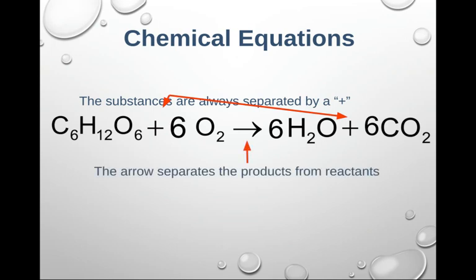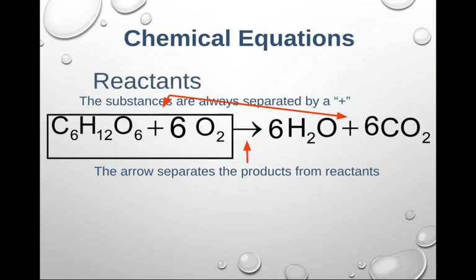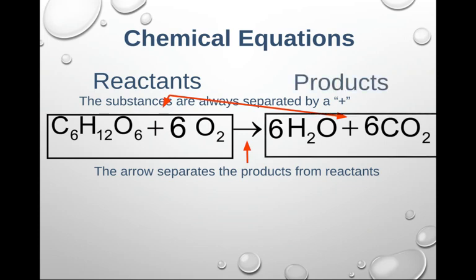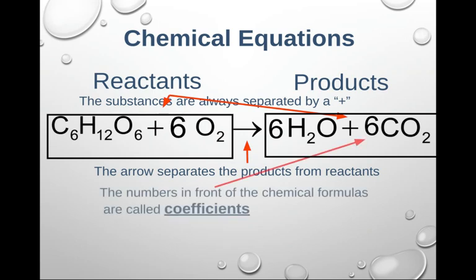We see the arrow between our reactants and products. That means to yield. So it separates our products from our reactants. Reactants are on the left and your products are on the right. That is essential information. You need to know reactants are on the left, products are on the right. Guarantee you will be seeing that over and over and over again.